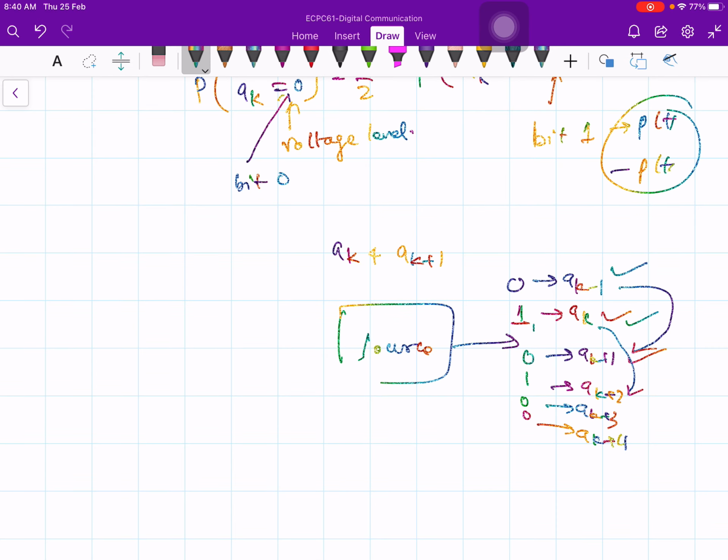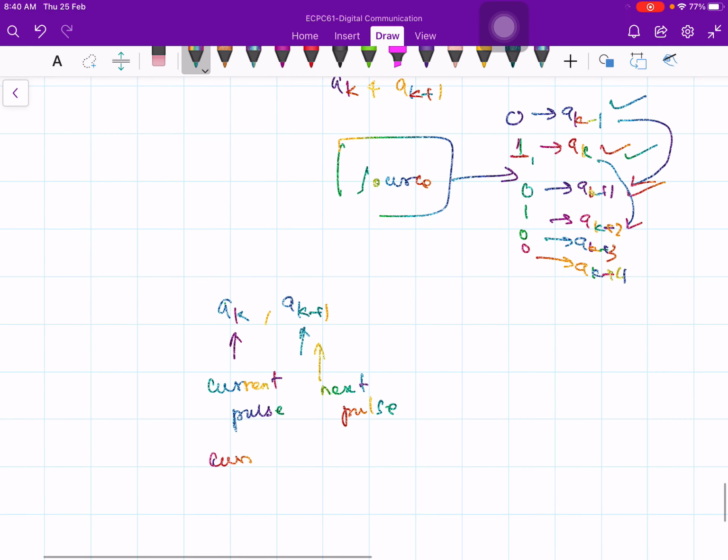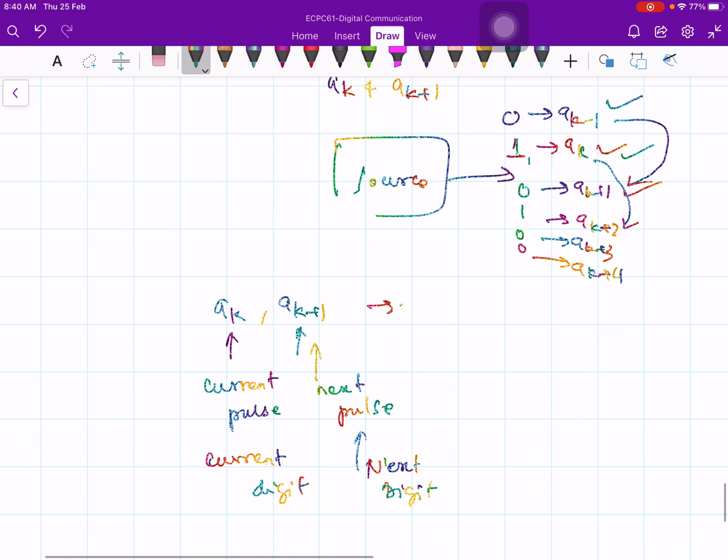Therefore AK and AK plus 1, that means the current digit and the next digit, the current pulse and the next pulse, are independent of each other. That's the assumption of our source.